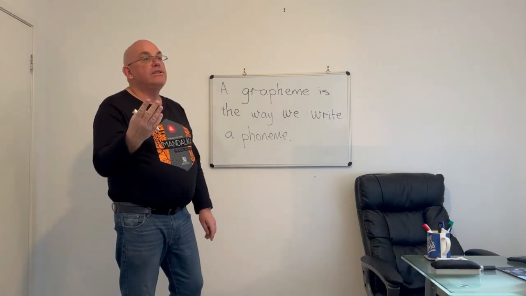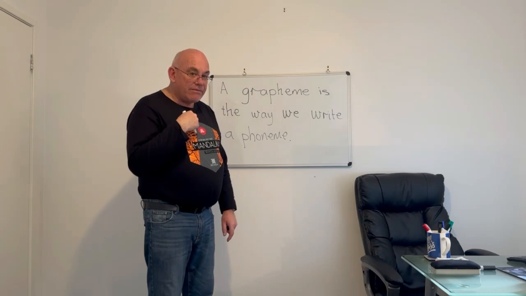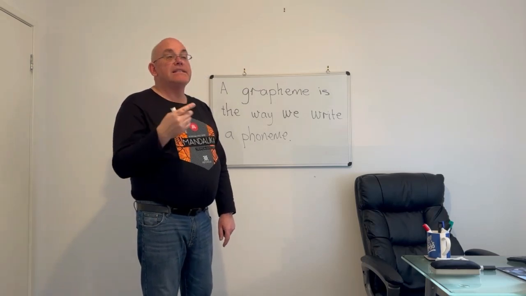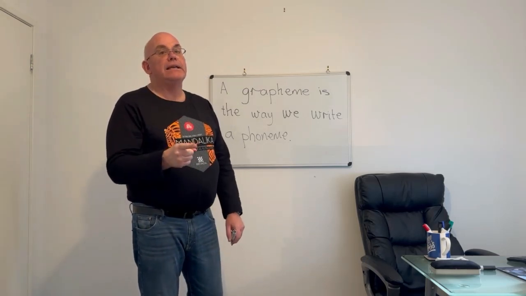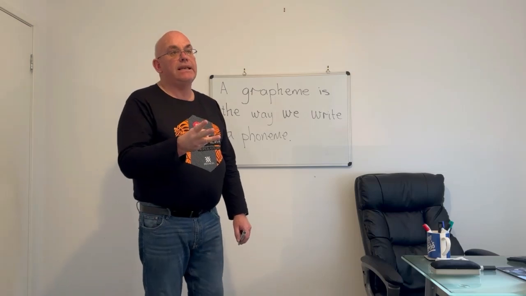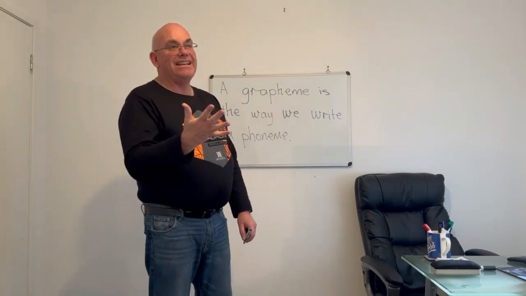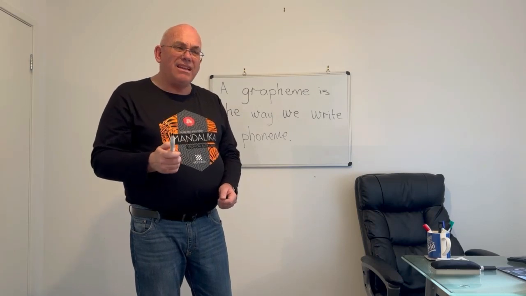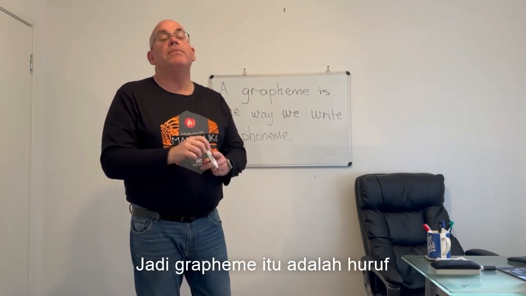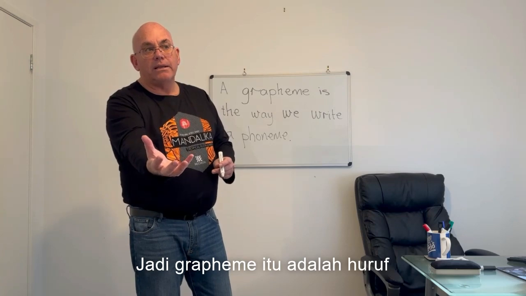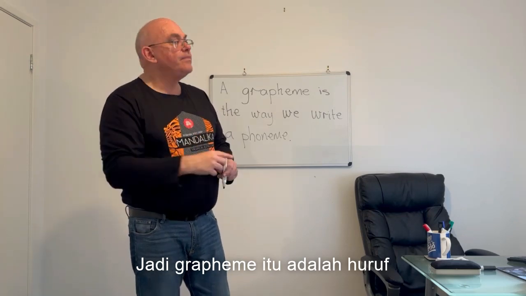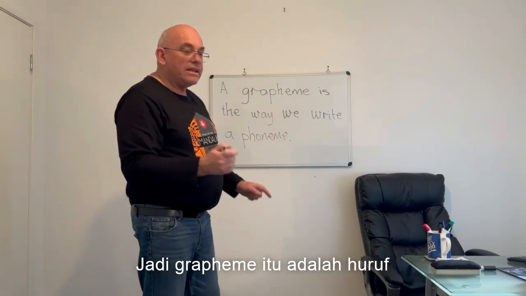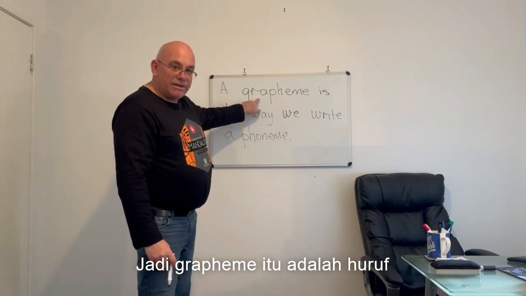So I can say to you, my name is Kevin, and I can spell it for you, K-E-V-I-N. But that's what you hear. But then maybe you need to write it down because I want to give you my phone number, as an example. So then we need to use the grapheme.